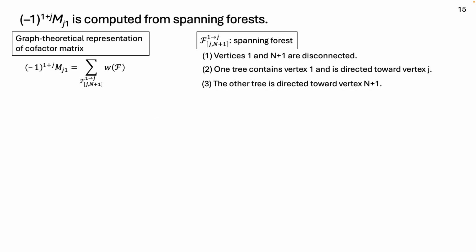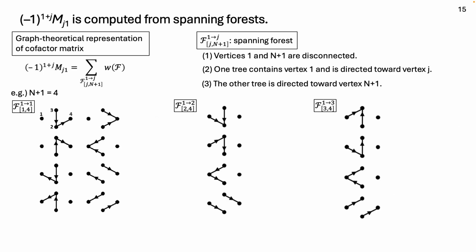And the subgraph, 1 j n plus 1 arrow j, is a spanning forest. The definition is that vertex 1 and vertex n plus 1 are disconnected. Vertex 1 and vertex n plus 1 are separate, not connected.